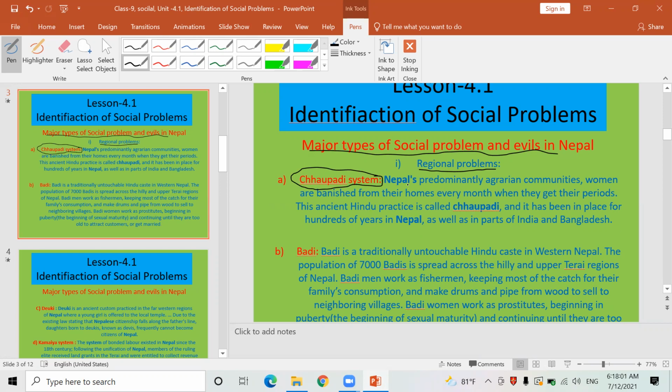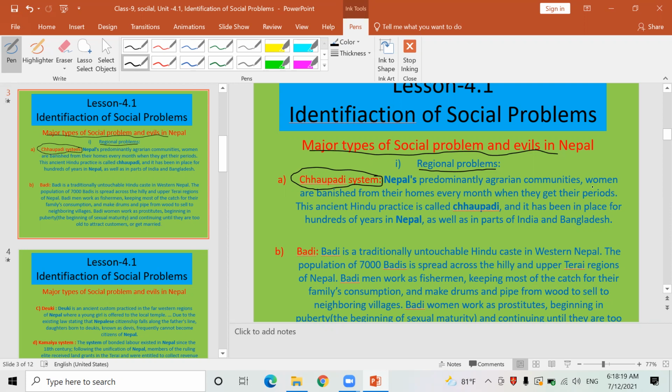Most of you may not know, but some of you may know it. Look at Nepal's predominantly agrarian communities. Agrarian means Nepal is still an agricultural country, and there are still features of an agricultural society.